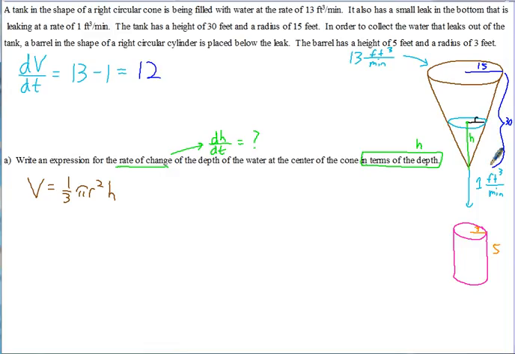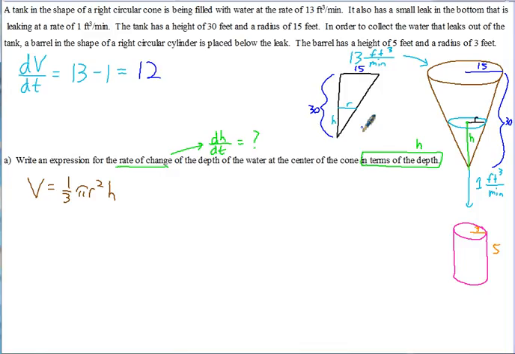However, if we draw it right here, we've really got a situation of similar triangles, where here's our little triangle, which represents the cone of the water in there, and then we've got the dimensions of the big triangle, which is 15 and 30.